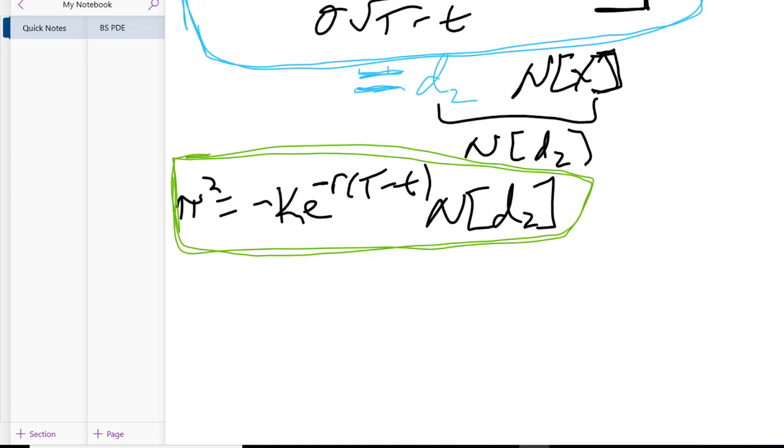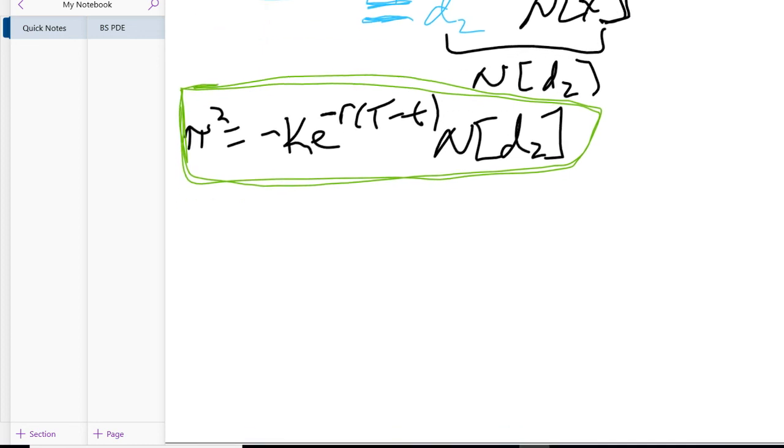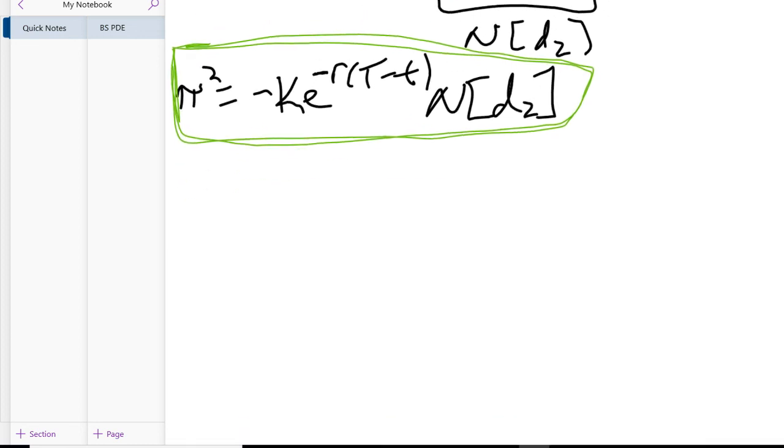So take away the negative in the front, and you have a long cash or nothing option. You can verify that with an extremely quick Google search, or if you have something like John Hall's textbook, you can confirm it in the exotic options chapter as well.